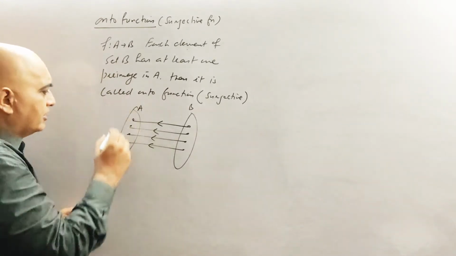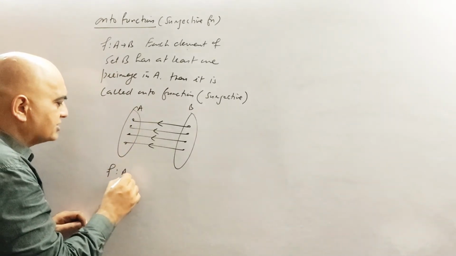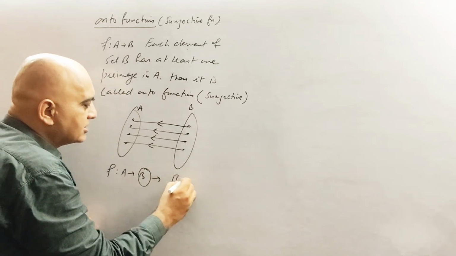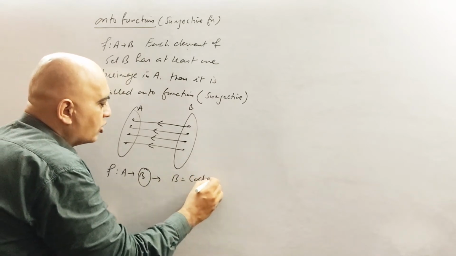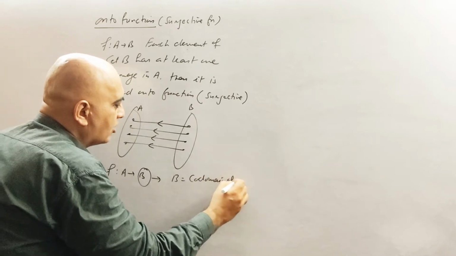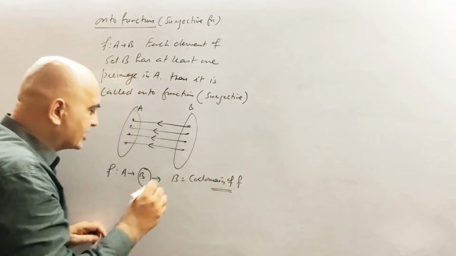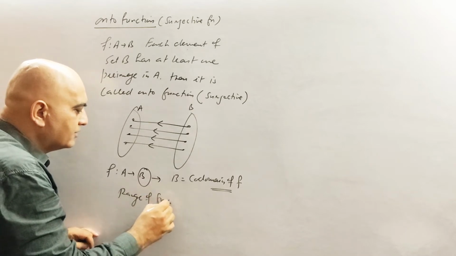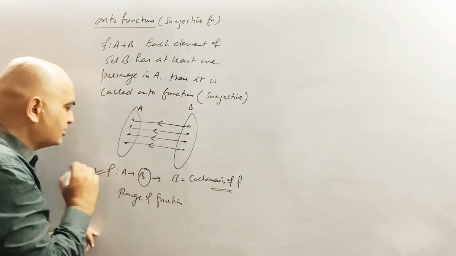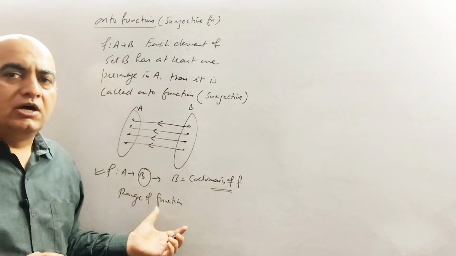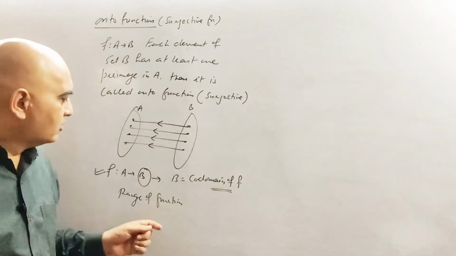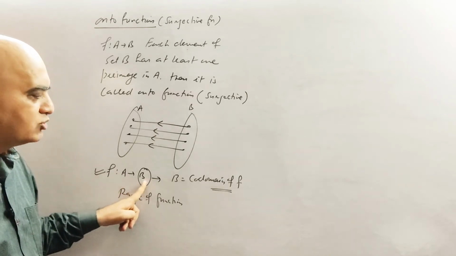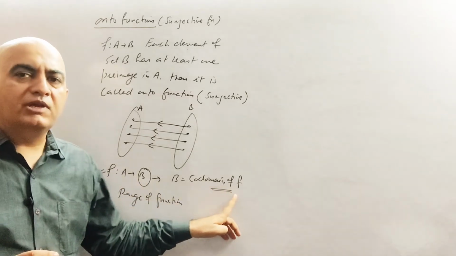Or you can say, if any function is given which is defined from A to B, what is set B? Set B is nothing but the codomain of f. And second, we have to find the range of the function. This is a procedure by which we can check the condition for an onto function. First of all, we take a function which is defined from A to B, and B is the codomain of the function.